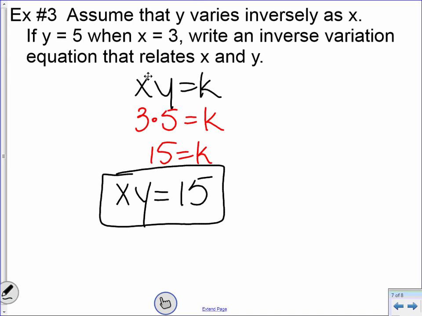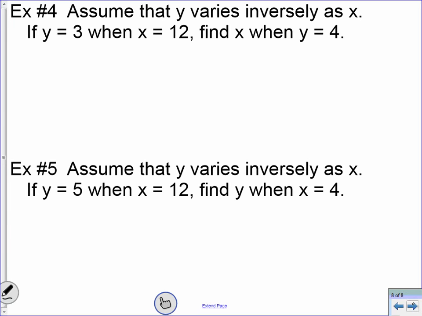All right, and lastly, we're going to write the equation in inverse variation and then solve for the missing number. So if you'd like to pause and do these. Remember, x times y equals k, and then x times y equals k.